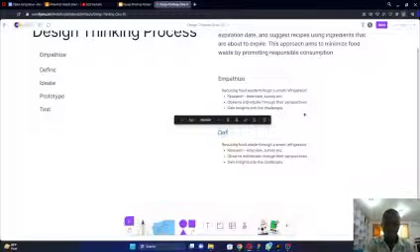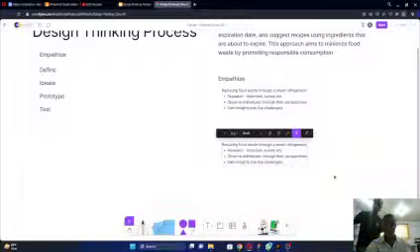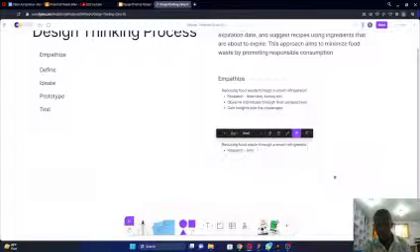Now define. What's now the define stage? The define stage is where you highlight core issues.